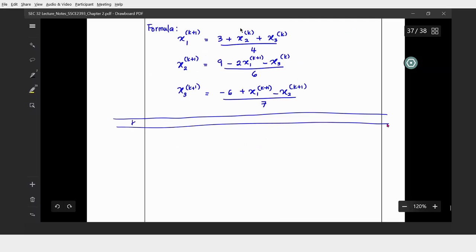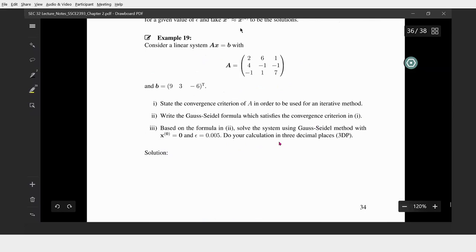So we have k. So I put the x1 here. This is x1 at k, this is x2 at k, x3. Okay, so I put E for the error: error x1, error x2, error x3. Okay, what's the problem?